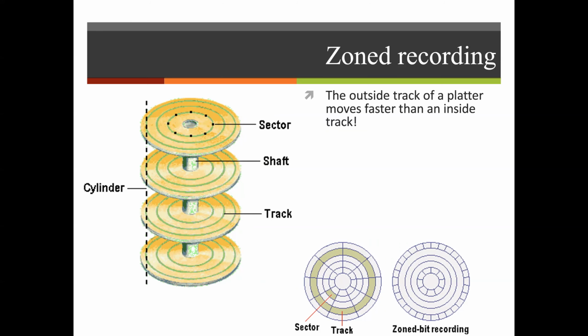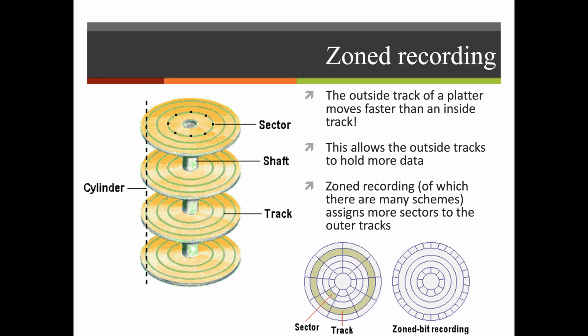So the outside track of a platter moves faster than an inside track. So this allows the outside tracks to hold more data, as we previously said. And with zone recording, it assigns more sectors to the outer tracks.